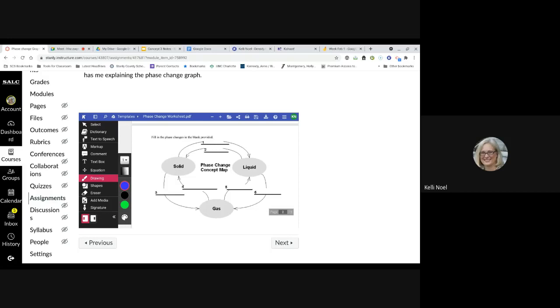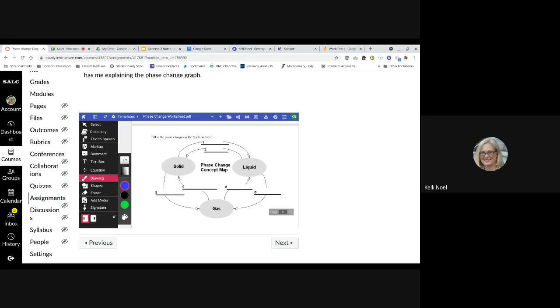Now, what is up here on the back of your sheet is similar to the triangle. So if you have your notes, you want to look at that triangle page, except it's not in a triangle, because it's arranged a little bit differently. But follow the arrows. For number 1, the arrow is going from solid to liquid. So what are you going to put at number 1?